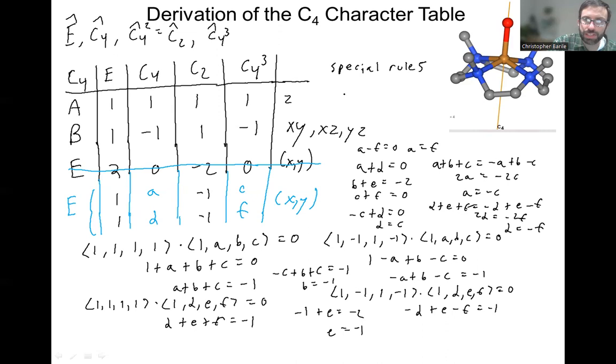What I mean by that is we can square this vector. We have 1 comma A comma -1 comma C. So we can square all those components: 1 squared plus A squared plus -1 squared plus C squared equals 0. And this will always be true if you multiply by the number of operations in each class.